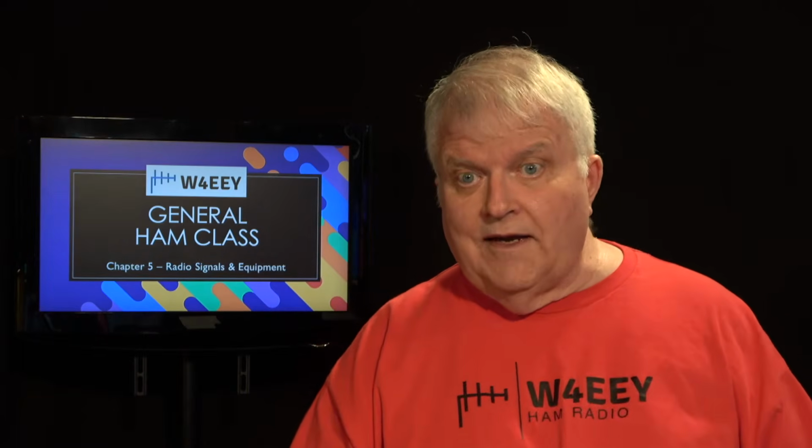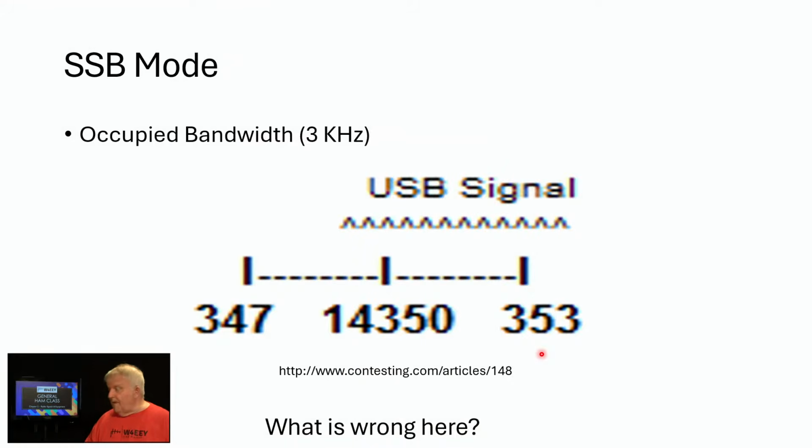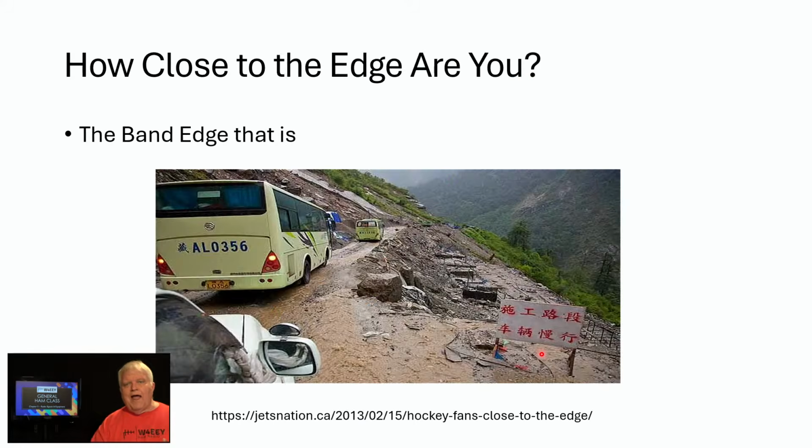If we're transmitting on these, we're out of band. We are not authorized to transmit on those frequencies. So we always want you to keep in mind, how close to the edge are you? Whether it's the upper limit of the band, or it's that area where you are authorized as a general class operator to operate, but you don't want to get into the advanced and extra class portions as well.